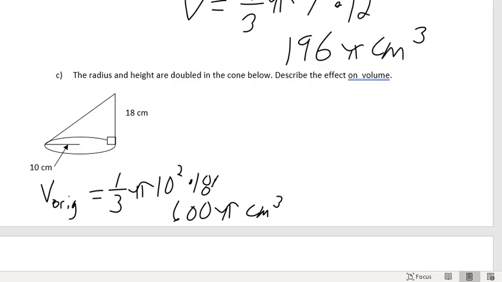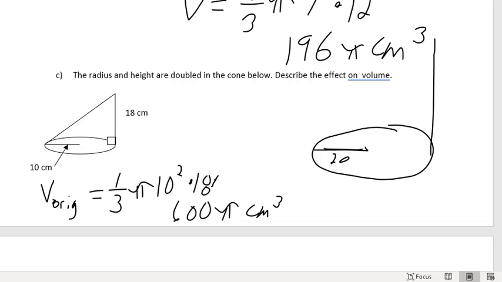Okay, now we're going to double the radius. So now the radius is going to be 20. Double the height. So instead of it being 18, we now have 36. Okay, so we made our cone, we doubled our sides. Let's see what that did to the volume.